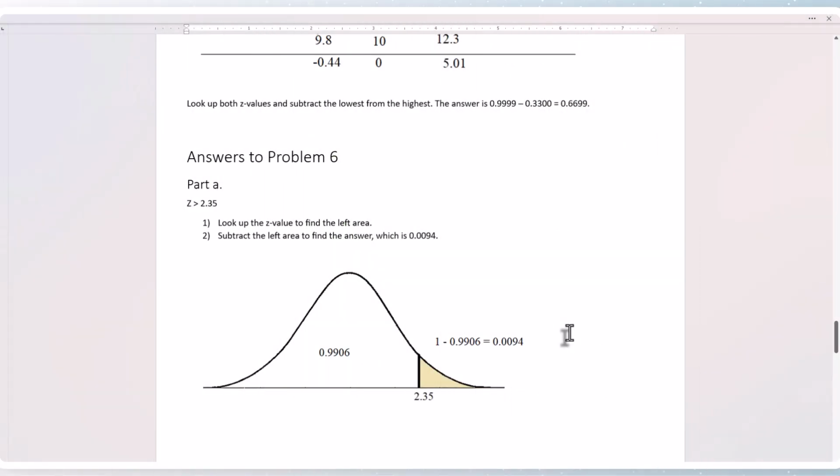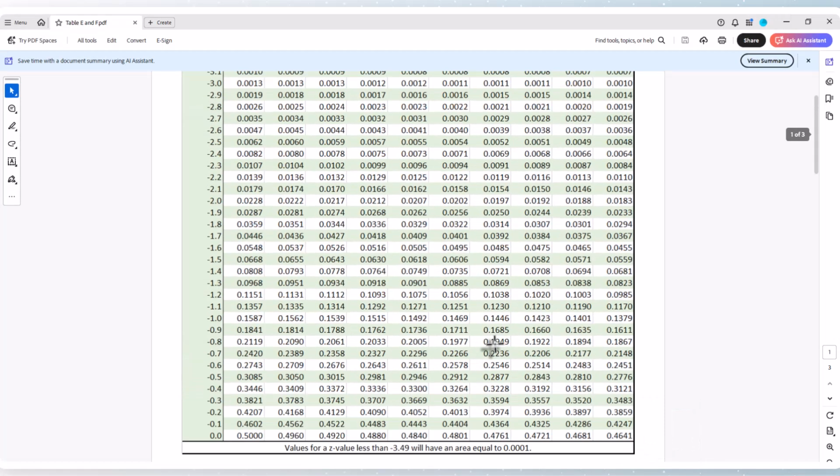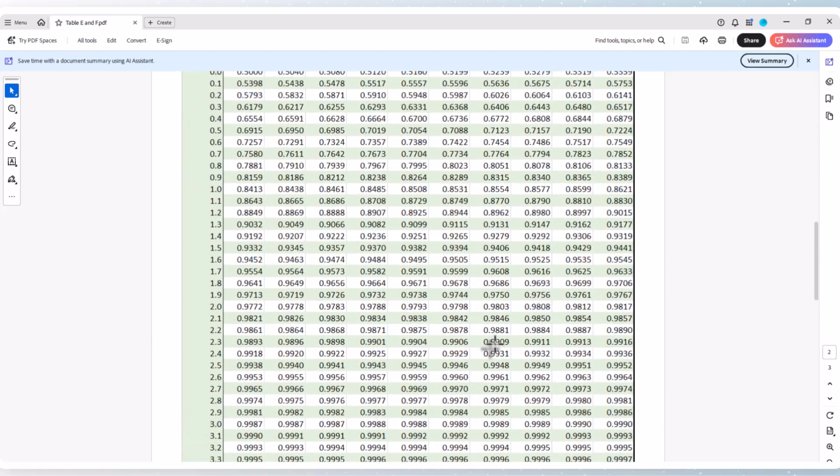Problem 6 is just having us look up areas for the given expression, and this is under the standard normal distribution. Here we want the area to the right of 2.35. So we can use the table. We just look up 2.35.